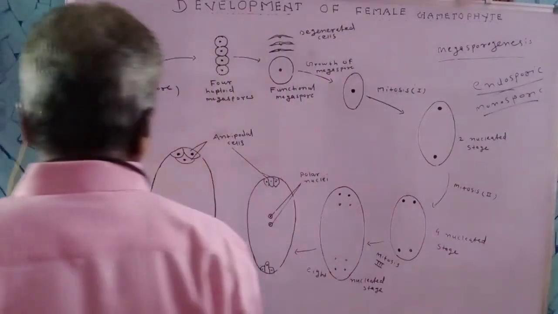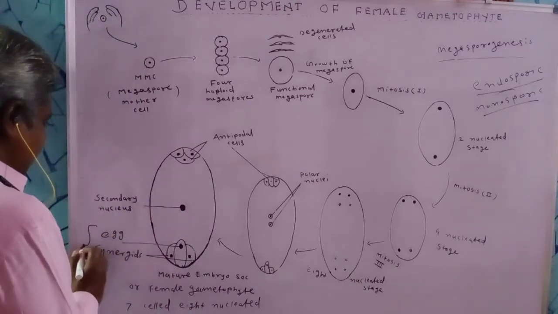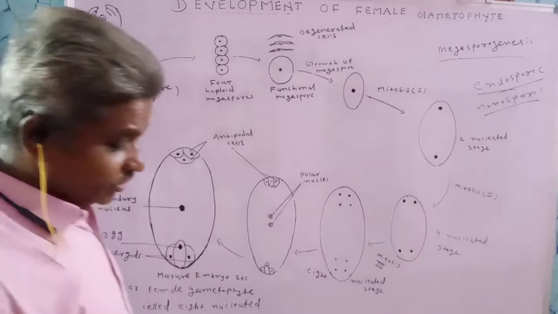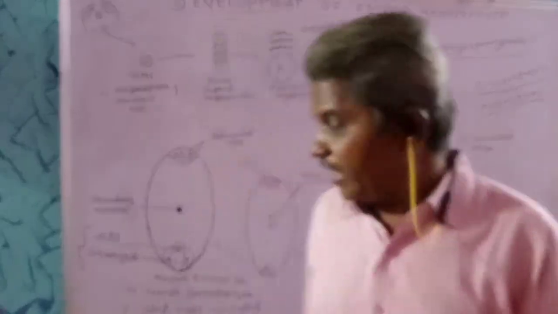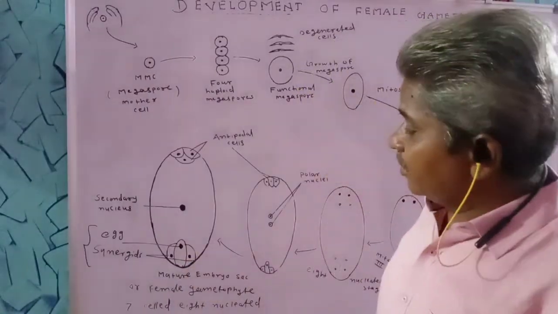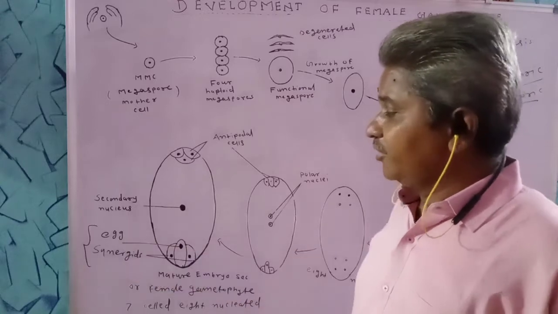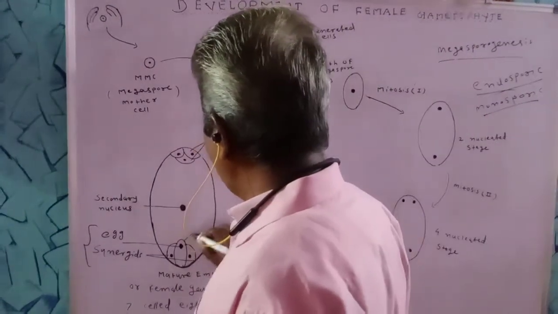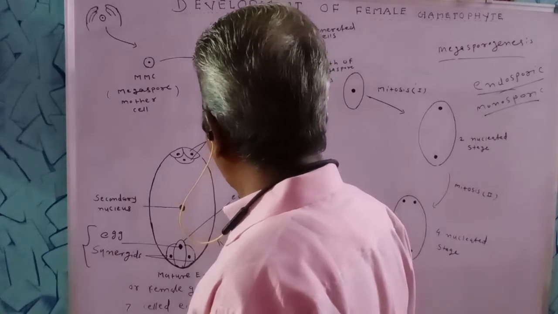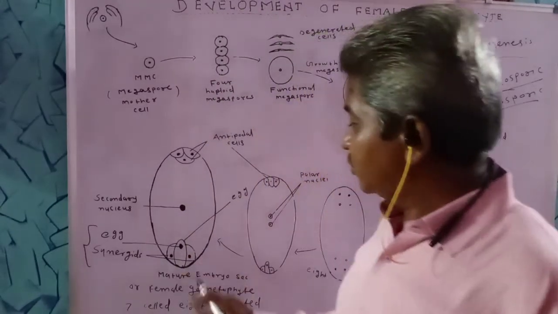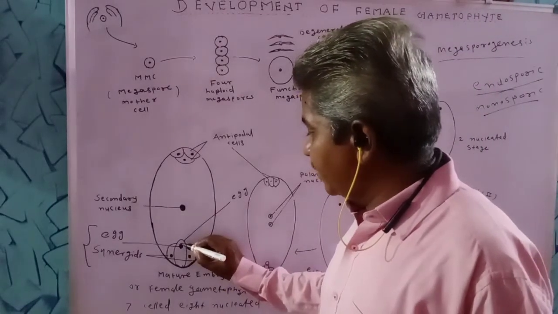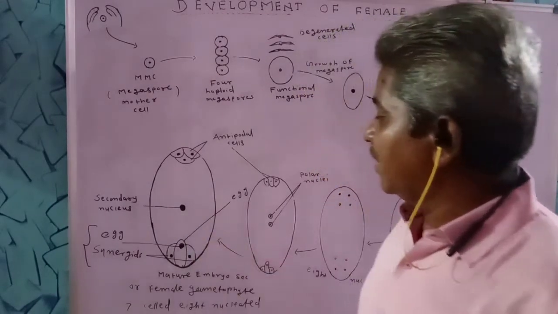So what is the egg apparatus? The egg apparatus contains 3 cells. In the egg apparatus, the middle cell is called the egg cell, and this egg cell has a large nucleus, which is called the egg.